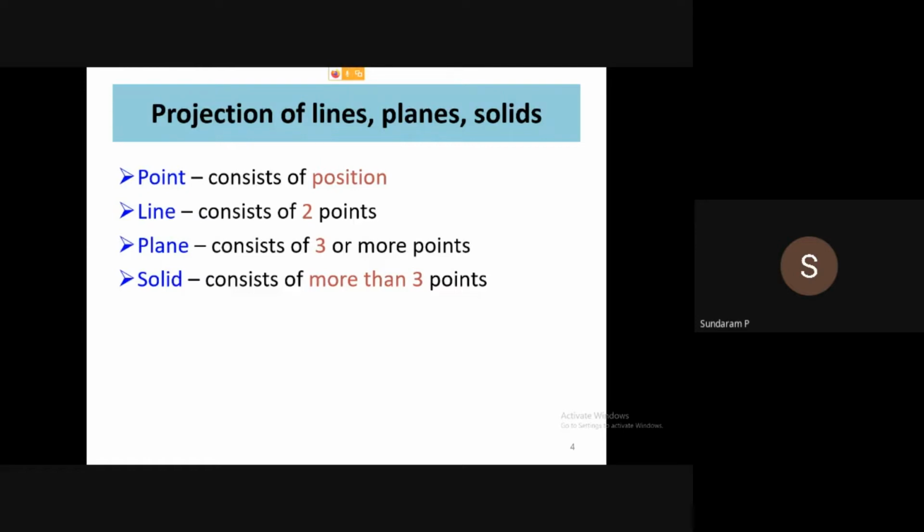So let me see one by one. In the beginning, this week, we are going to practice only the projection of point, projection of line, and projection of plane. Projection of solid is 3D, so later we will discuss.